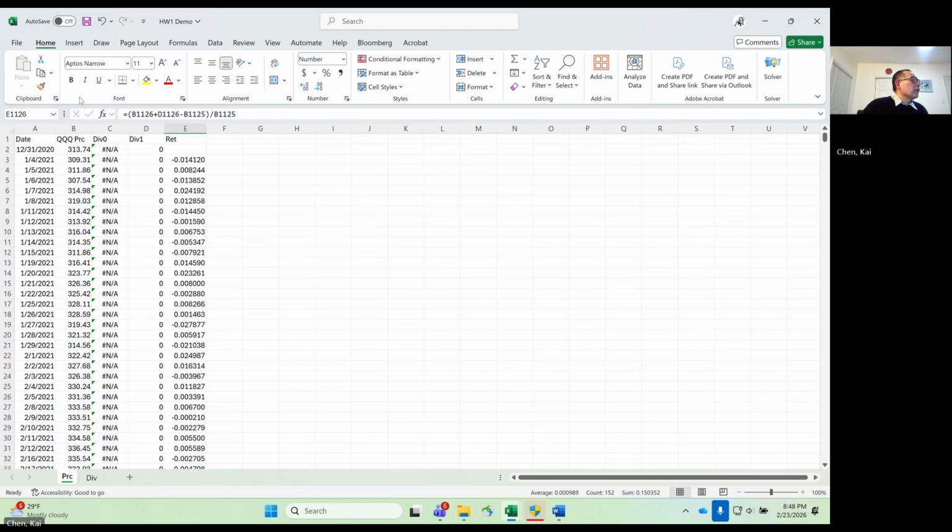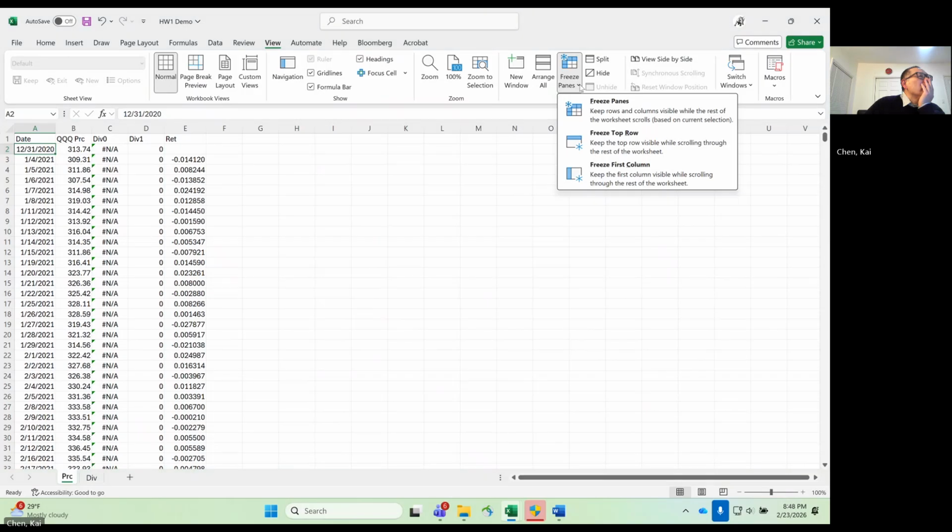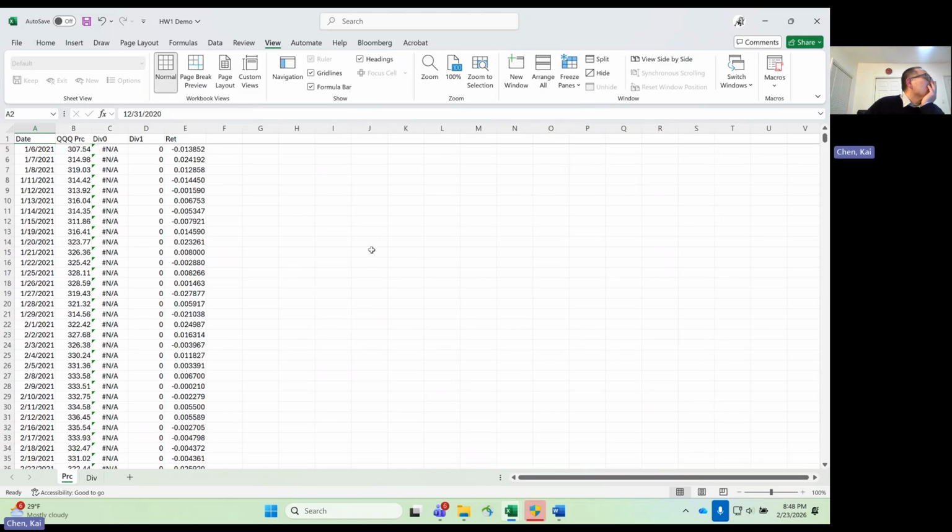Here, I'm going to freeze the panel. View, freeze panes.